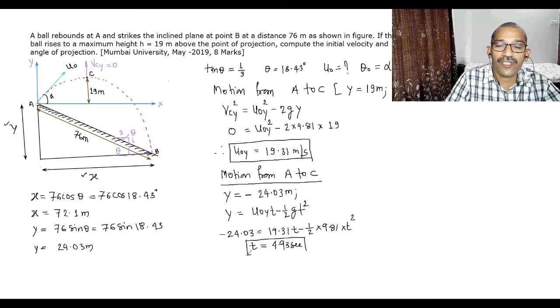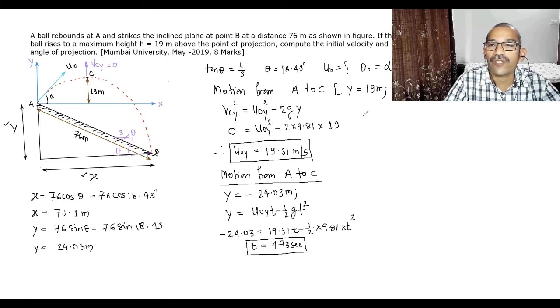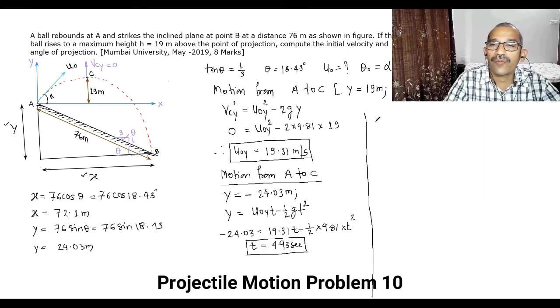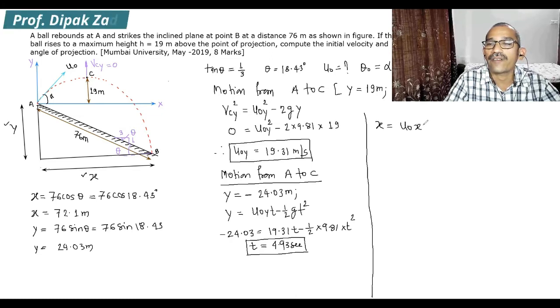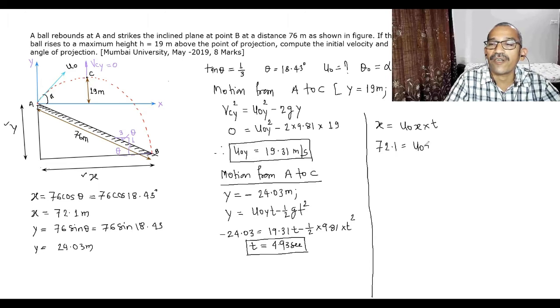Now again the motion is from A to C. The same motion will continue. Here, continuing from A to C, you know time t and you know the x value. Therefore x equals u0x into t. What x value do you know? It is 72.1. The u0x term is unknown and t is 4.93 seconds. Therefore, 72.1 divided by 4.93.